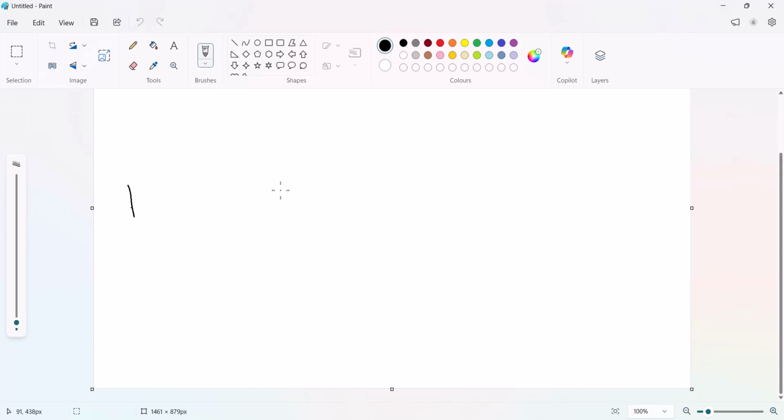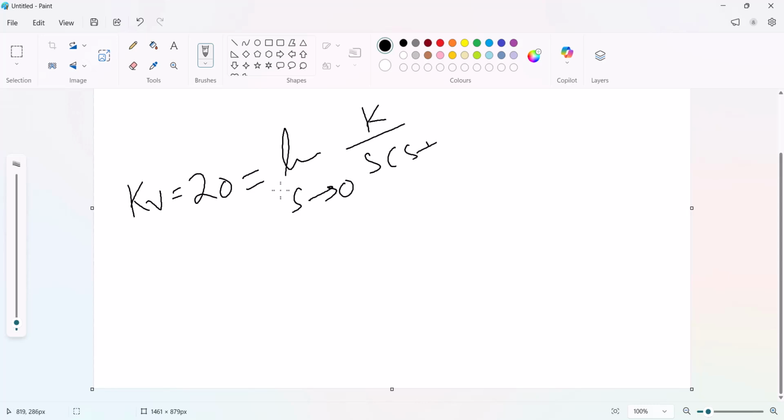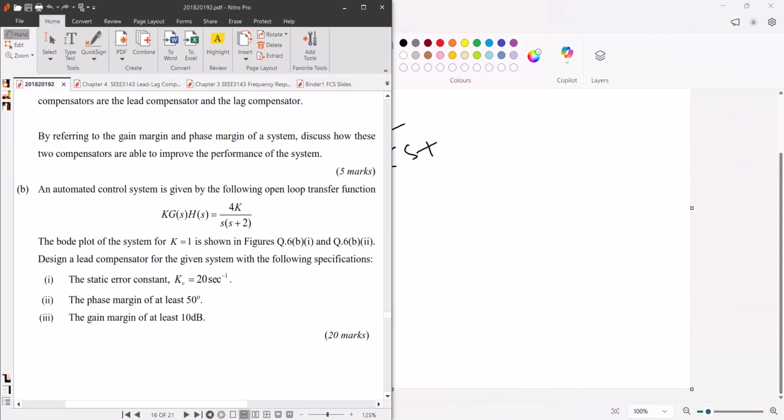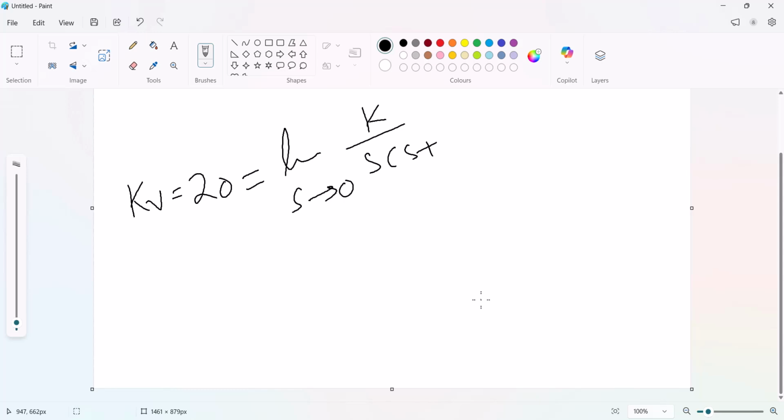Kv is equal to 20, equal to limit s approaches 0 of 4k over s into s plus 2. So 20 equals, the s multiplied with s cancels, so that is equal to 4k over 2.